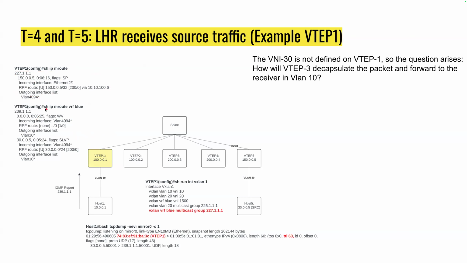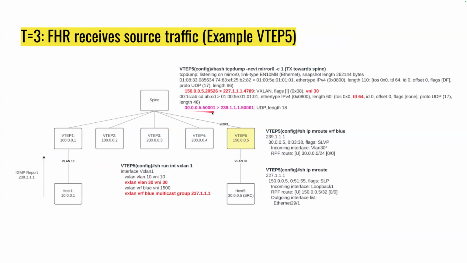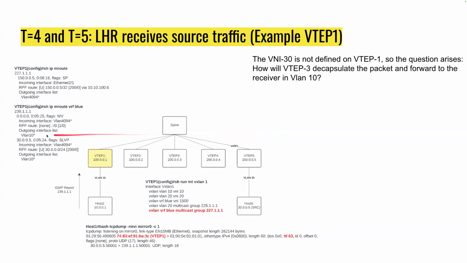And now let's look at the M route in the VRF blue. So we see that S,G is created here. The source was 30.0.0.5 and the group was 239.1.1.1. So we see the IIF as VLAN 4094 and the OIL as VLAN 10.